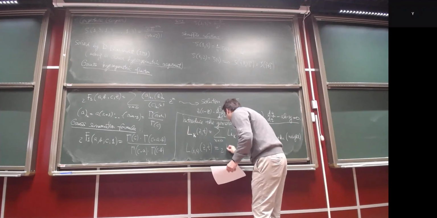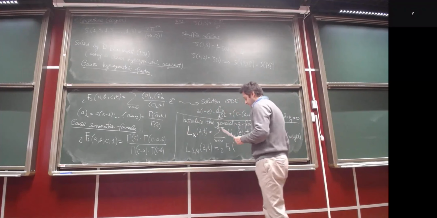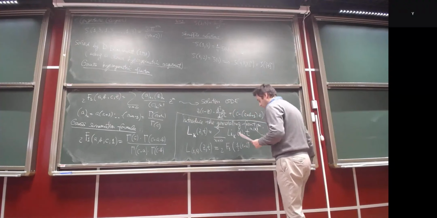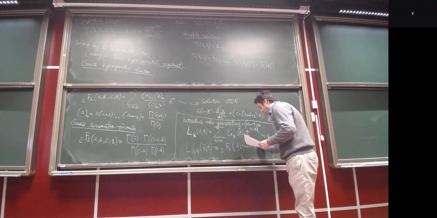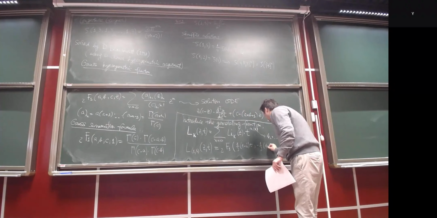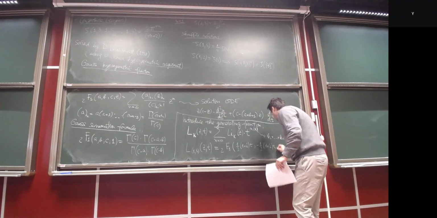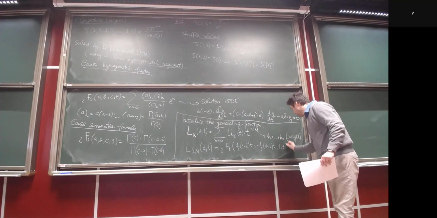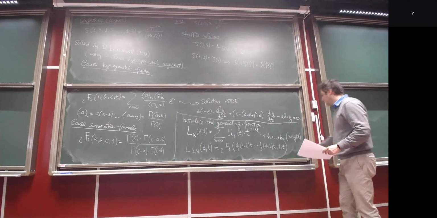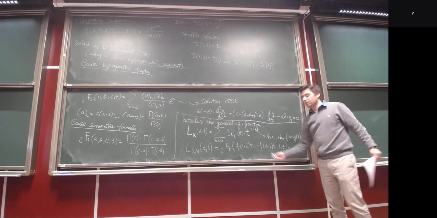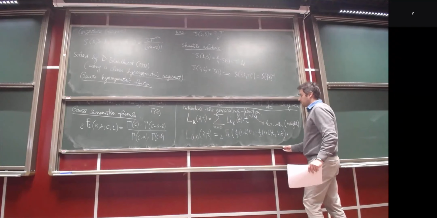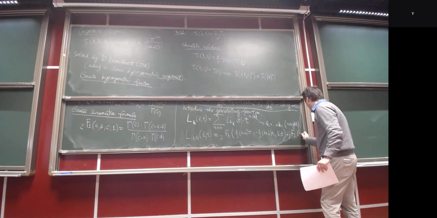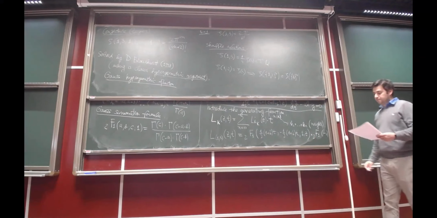This was the trick of Broadhurst, and times the product of the same thing, but here with negative i.